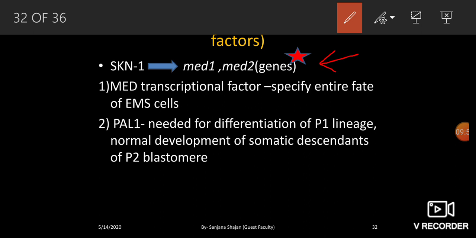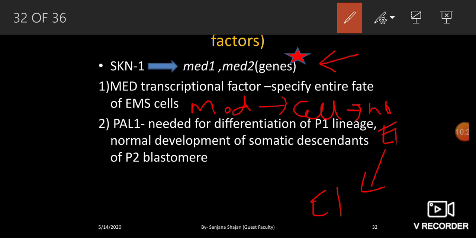The first one is the MED transcriptional factor, and its function is that it specifies the entire fate of the EMS cells. So how did they find that out? If you express the MED gene in a cell, it was seen that even the non-EMS cells were converted and became EMS cells, even in the absence of the SKN1 gene.